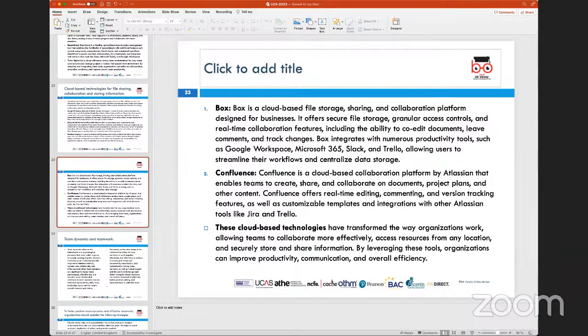COVID was a good example: even with lockdowns and people not being able to come to work, organizations initially struggled, but once they used technology to overcome the challenges faced because of remote working, this was enabled.